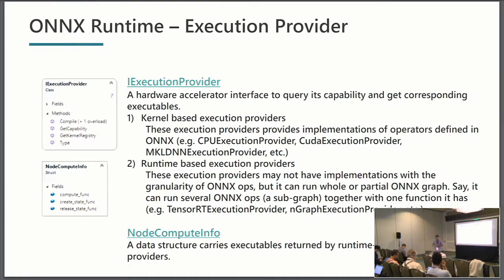This EP may not have implementations at the granularity of the ONNX spec operators, but it can run the whole or partial ONNX graph. For example, it can run several ONNX ops together with one function it has. For the execution provider, we have a structure called node computation info. This structure carries the executable written by the runtime-based execution provider.